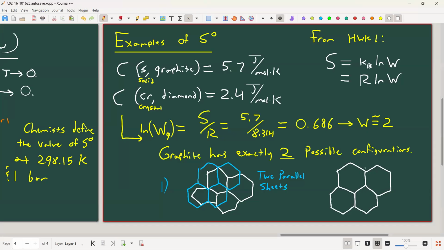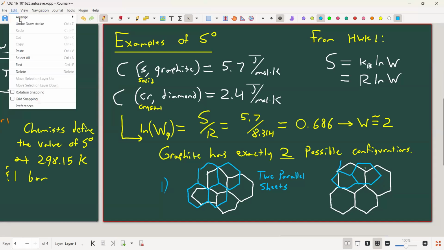And the second sheet is going to have a configuration that looks like this instead.